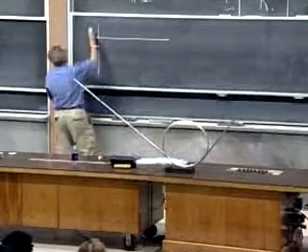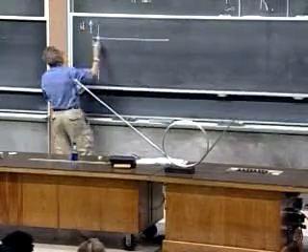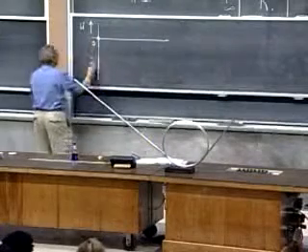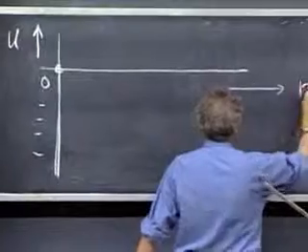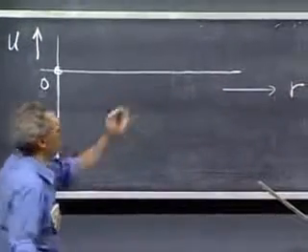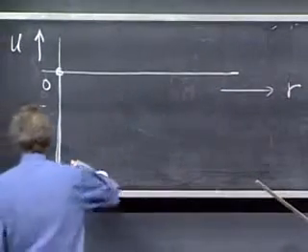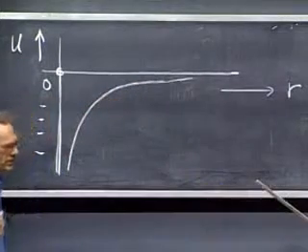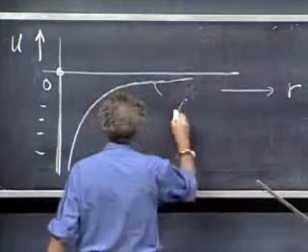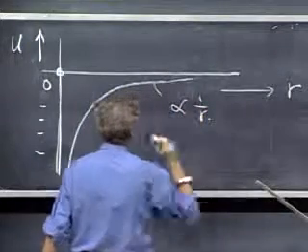Here is 0. This is the gravitational potential energy. All these values here are negative, and here I plot it as a function. I use the symbol little r now instead of capital R. And so the curve would be something like this. This is proportional to 1 over R.